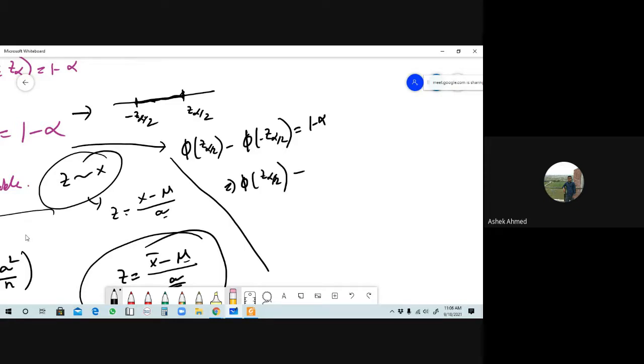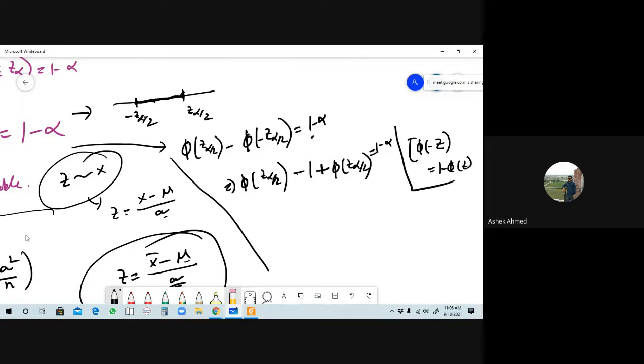Since the coefficient of z suffix alpha by 2 is negative, we know that phi of minus z is, tell me, 1 minus phi of z. So phi of minus z alpha by 2 is 1 minus phi of z. Minus 1 and minus, so that will be plus phi of z suffix alpha by 2 equals 1 minus alpha.